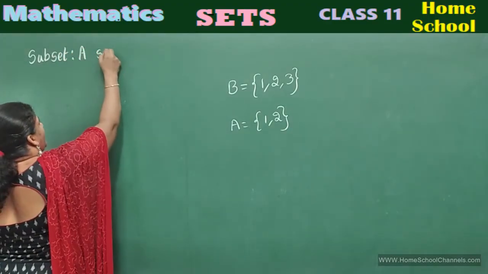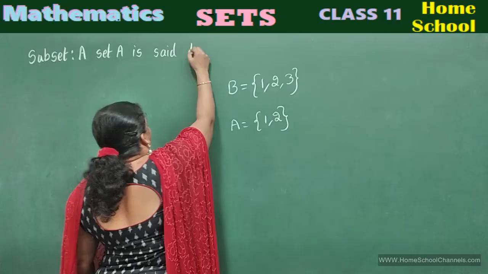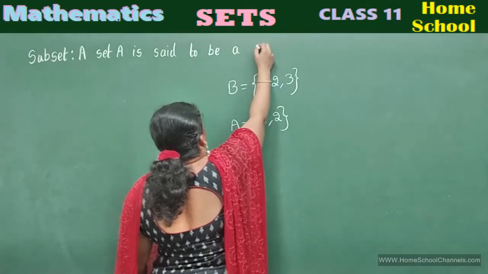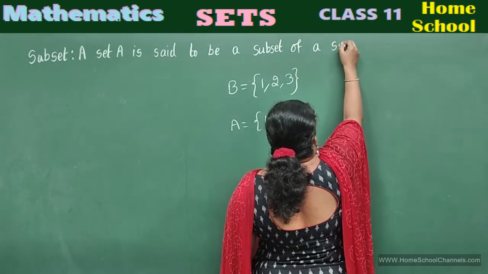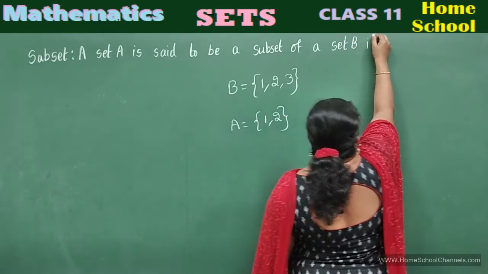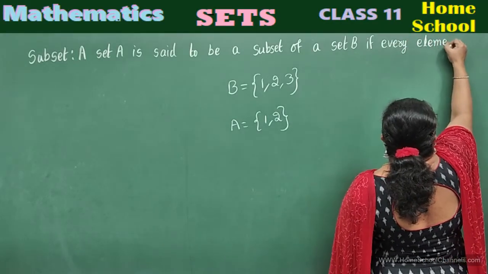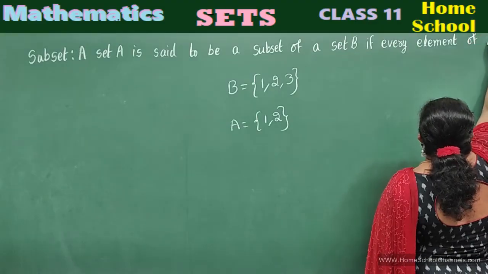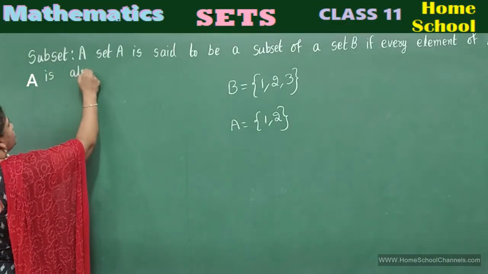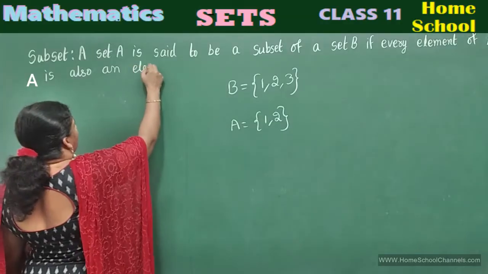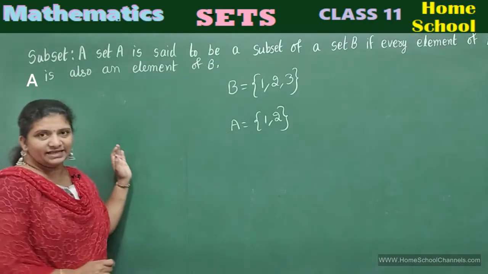Subset. A set A is said to be a subset of a set B if every element of A is also an element of B. Let's see the definition again.